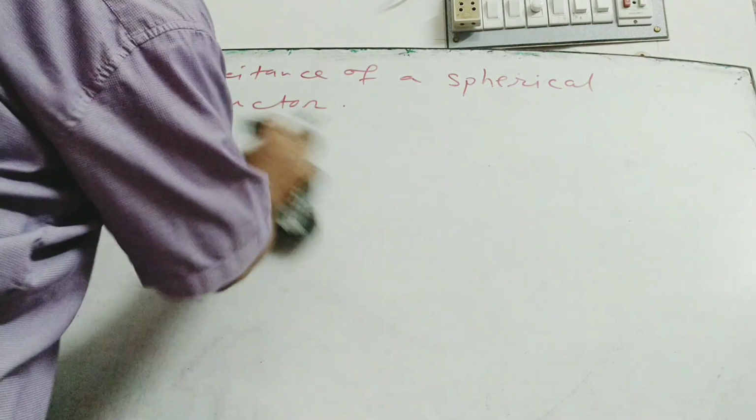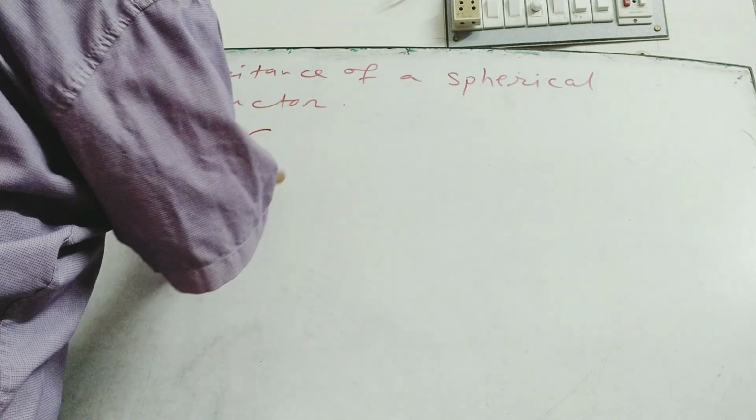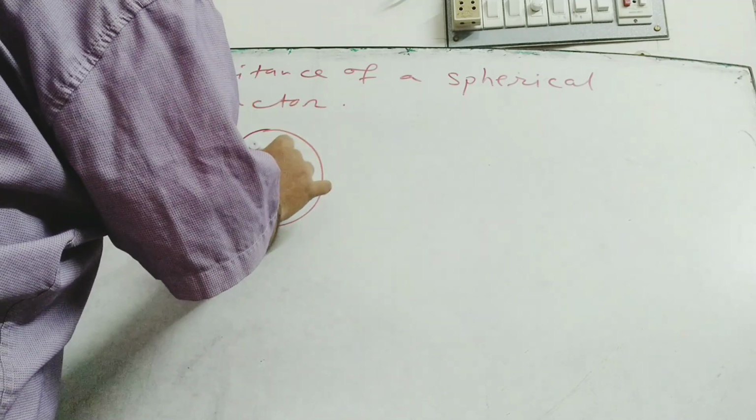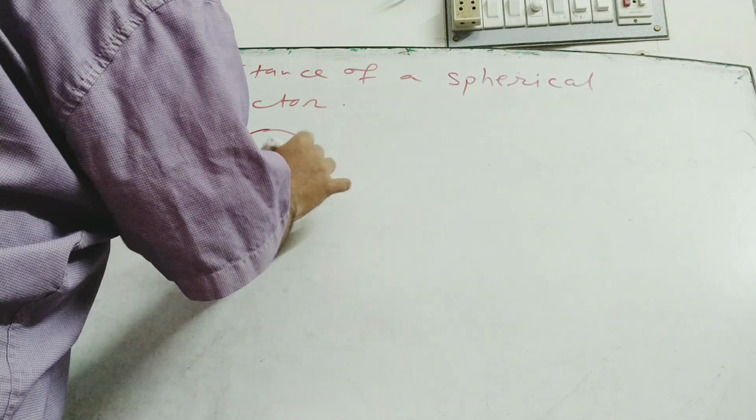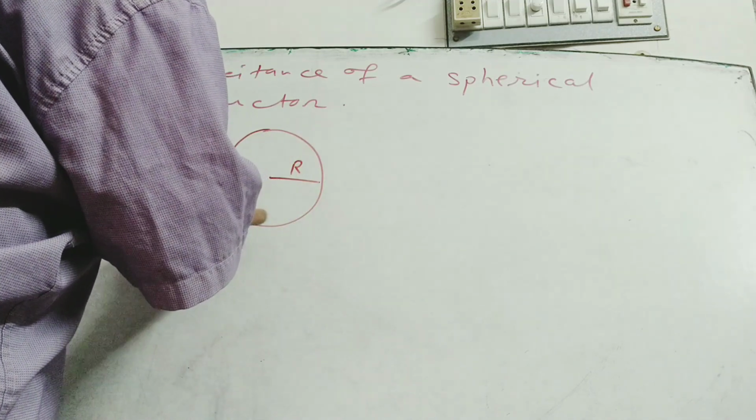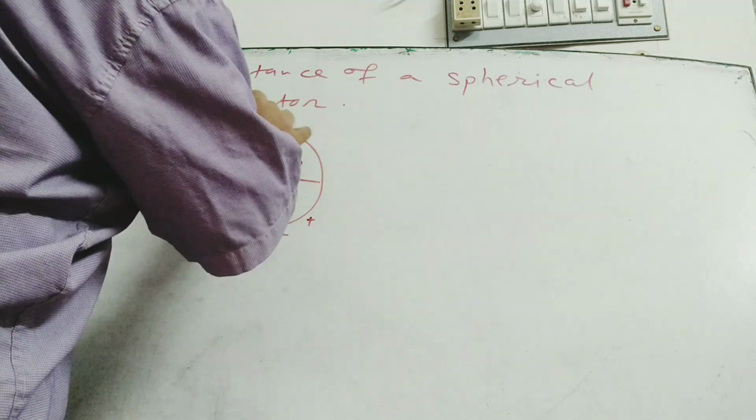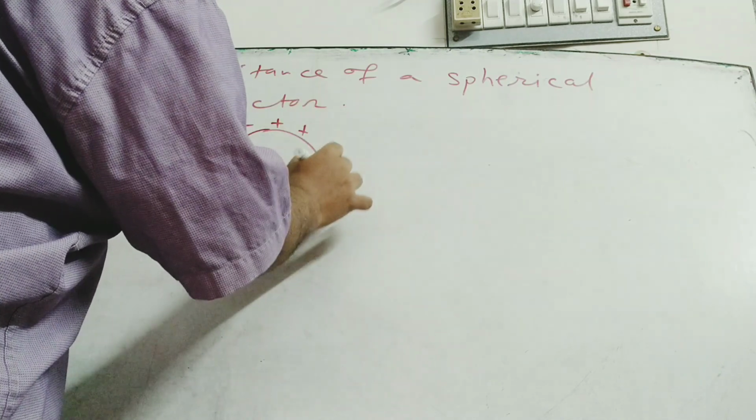Let R be the radius of the conductor, which is charged by plus Q charge.